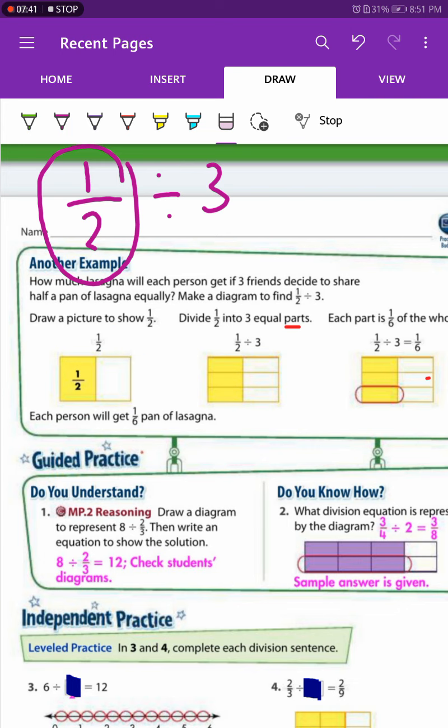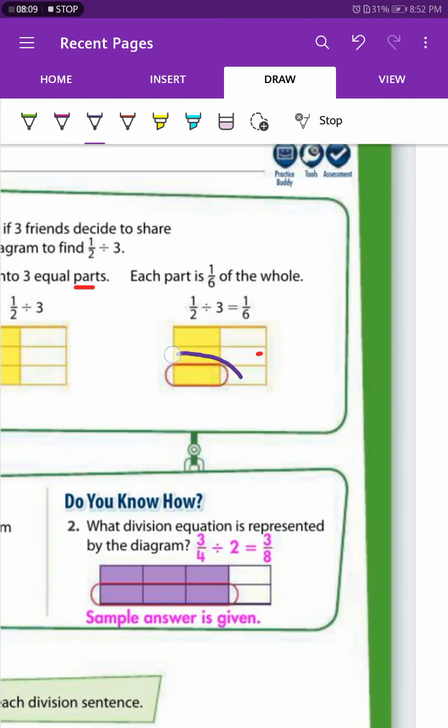Then divided by 3 means you have to cut horizontally: 1, 2, and 3. The number of rows here is the divisor, and the number of vertical parts is the dividend. And the answer here is the circled part.